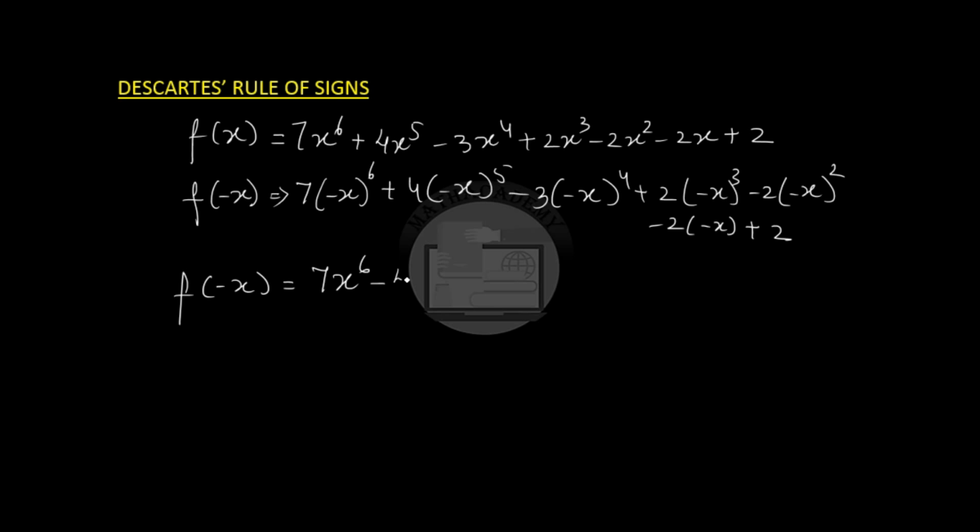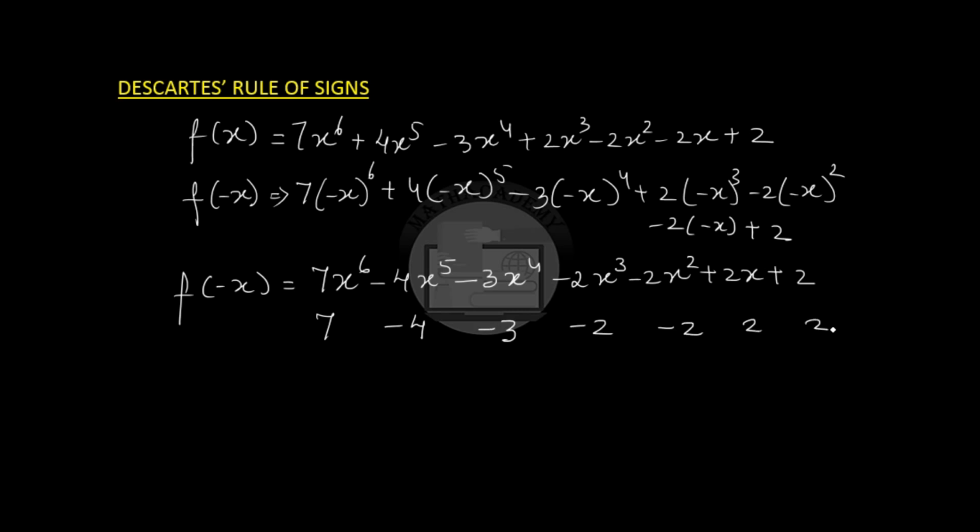Then you get negative 4x to the power 5, then a negative 3x to the power 4, then a negative 2x cube, negative 2x square, a positive 2x and a positive 2. And now you have to find the sign changes in f of negative x. So we see that the coefficients are 7, negative 4, negative 3, negative 2, negative 2, 2 and 2.